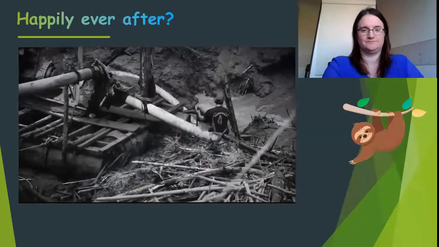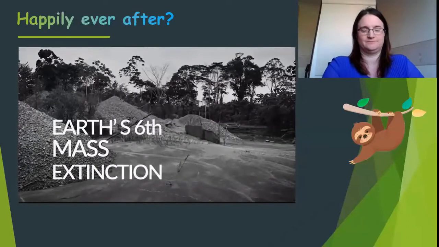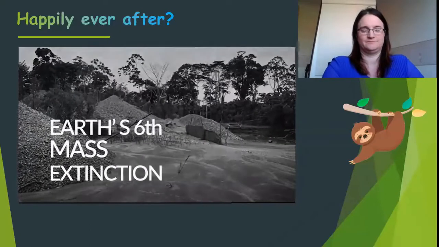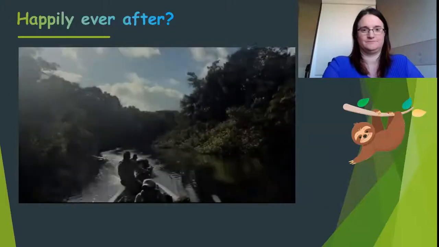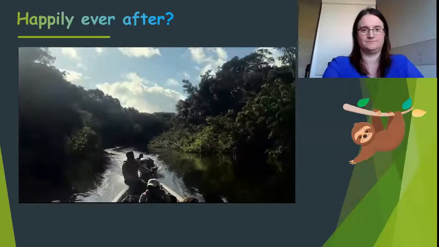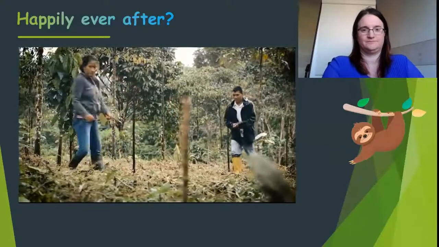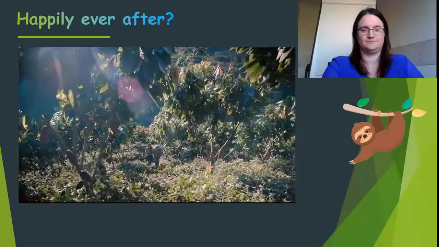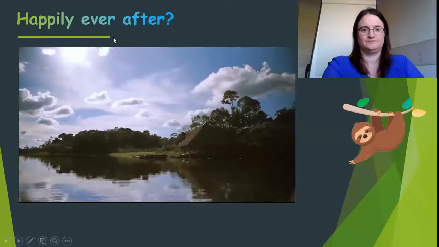Countless species disappeared completely in what scientists now call the Earth's 6th mass extinction. The thousands of people who live in and near the Amazon cannot live without the forest, and neither can the rest of us. Join us in our efforts to rebalance the Earth so that we can all live healthily and happily ever after.